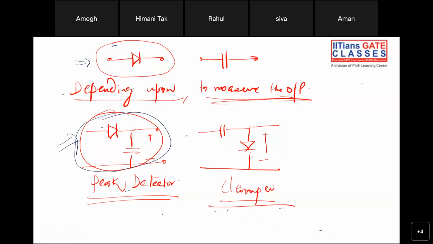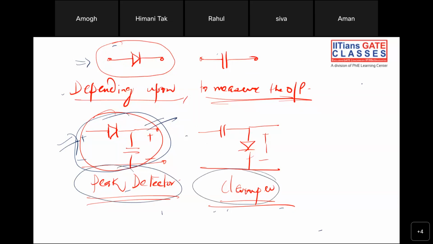When we are in the positive half cycle, case 1, the diode is on. The answer is this, right? But you don't know the name of the circuit. Always focus on where they are asking you to calculate the output, across which element. So this will be the peak detector, and this is going to be the clamper.